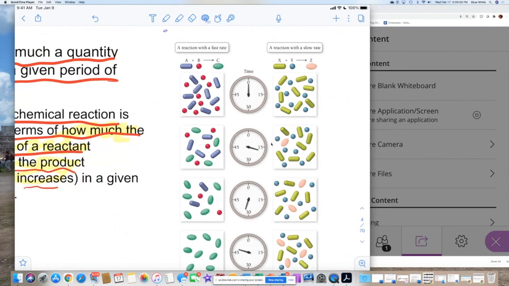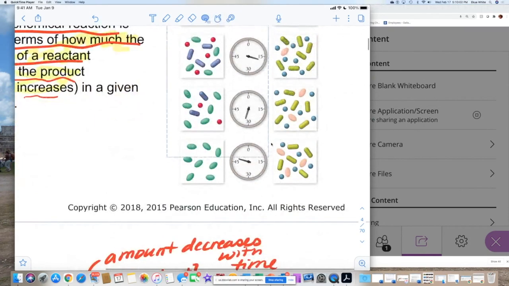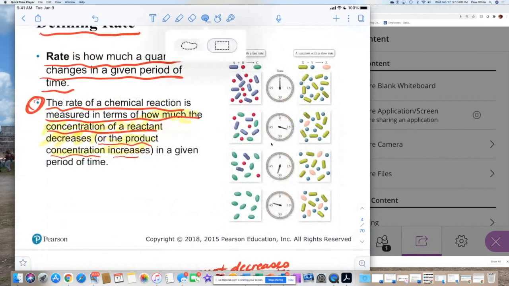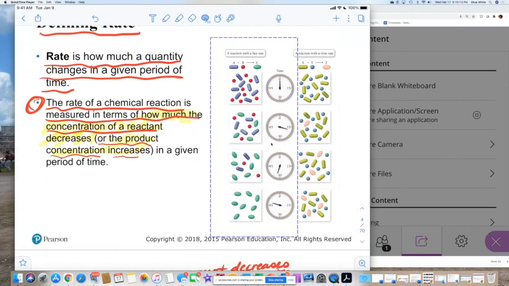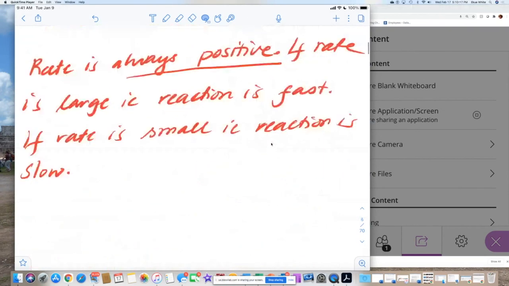So what I'm going to do here, I'm going to have to get used to this new icon here. Hold on. Let me make this a little smaller. There used to be scissors. It just changed. It must have just updated. Okay, so I'm going to copy that and put that right here.